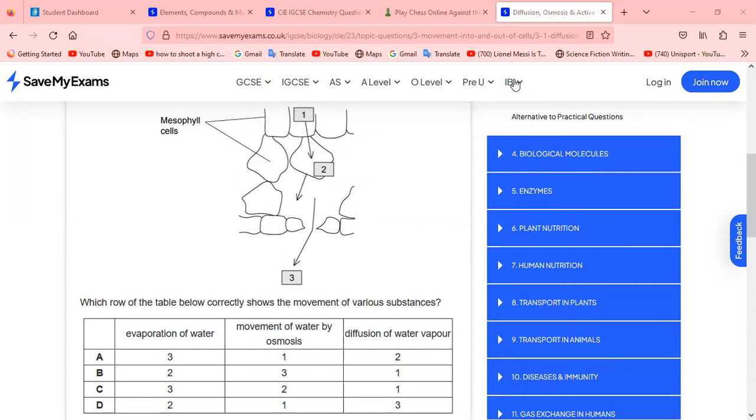Movement of water by osmosis will be 1. 2 will be evaporation of water. And 3 will be diffusion of water vapor. So it will be 2, 1, and 3. So it's D, I think. Yes.